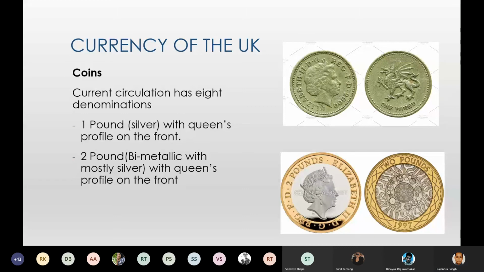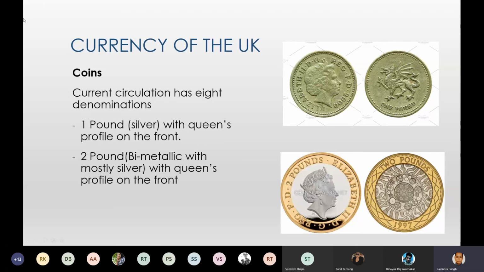You can see that on the screen. The outer periphery has a golden tone, and it is made of silver otherwise. That's why they call it sterling silver, and pound sterling.